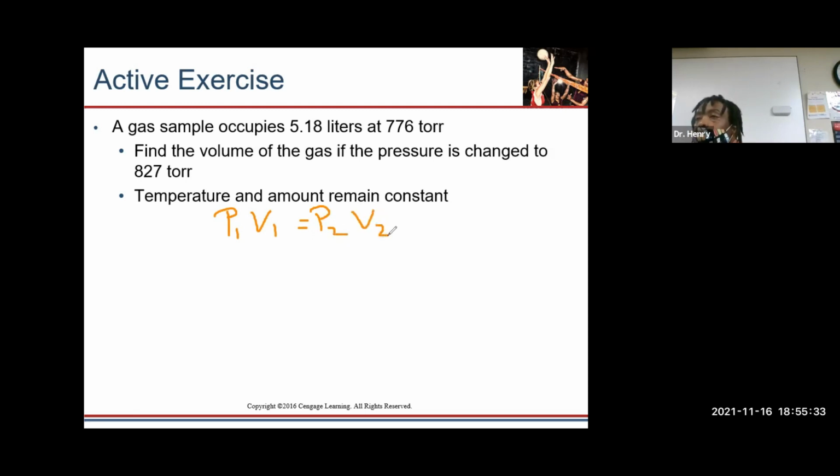Okay, now what is P1? They're going to be my givens. My P1 is what? P1 equals 776 torr. And then my P2 is going to be 827 torr.